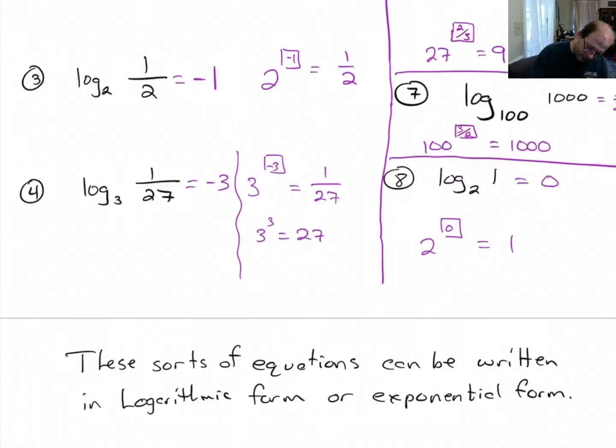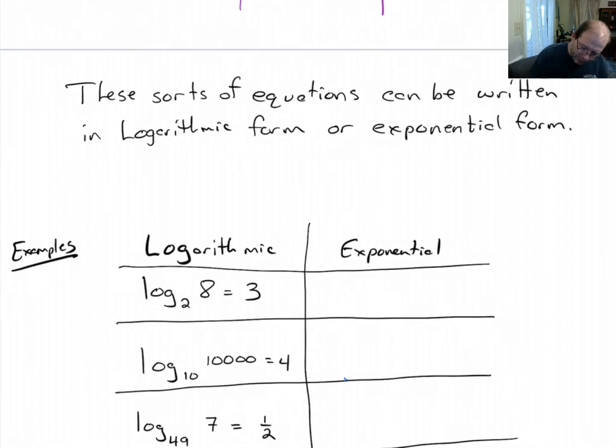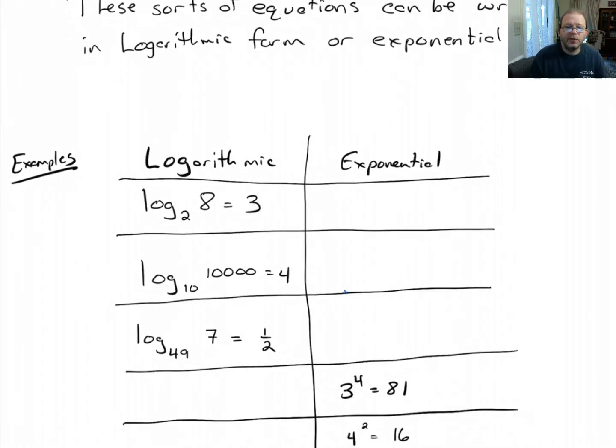So let's write this out. These sorts of equations can be written in logarithmic form or exponential form. So I'm going to write the one that's missing for each of these. So log base 2 of 8 is 3. That's the same as saying 2 cubed is 8.